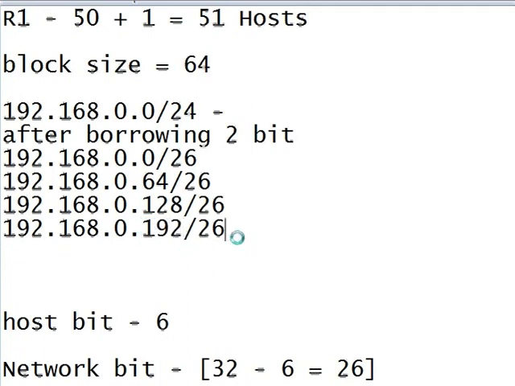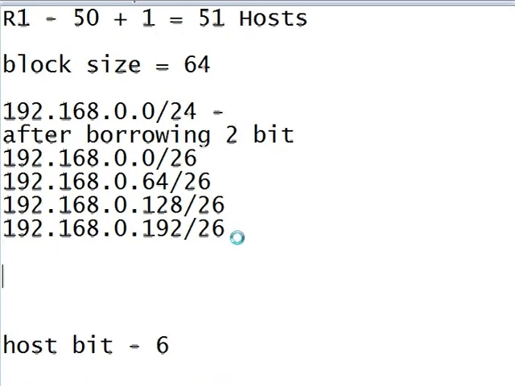In all those cases, the subnet mask will be 255.255.255.192. Why is this the subnet mask?